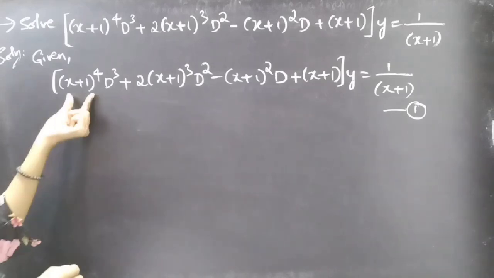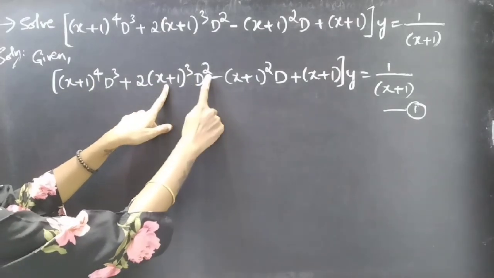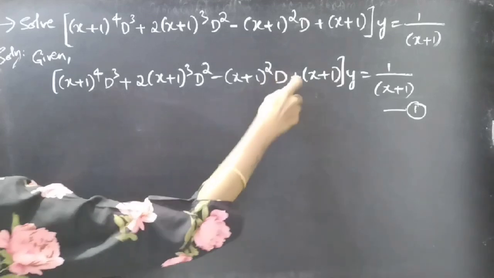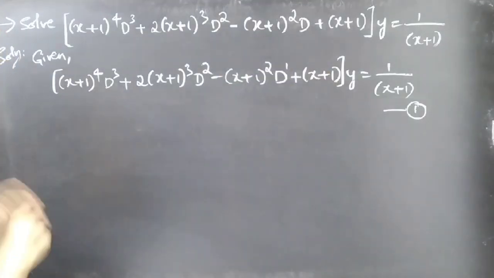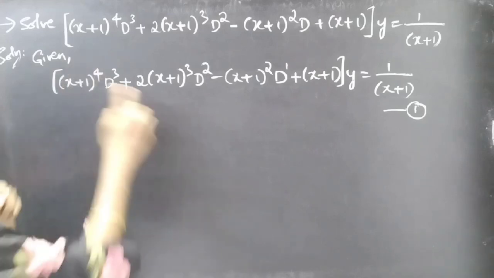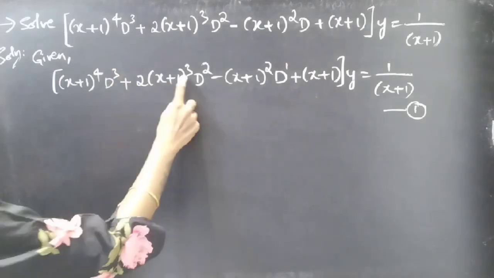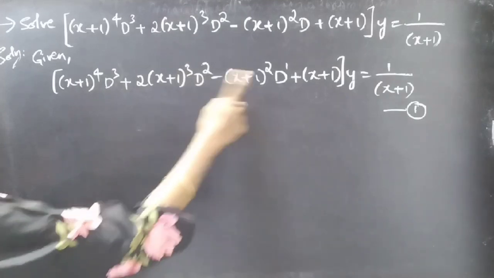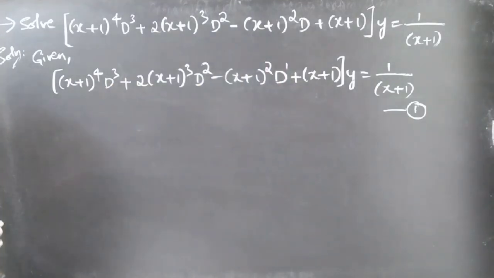If you notice, you have (x+1)^4 D^3, (x+1)^3 D^2, (x+1)^2 D, and (x+1). You have power 4 when you have D to the power 3, cube when you have 2, square when you have 1 in the power of D.